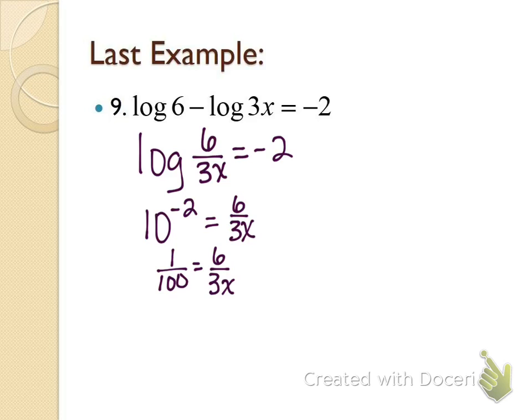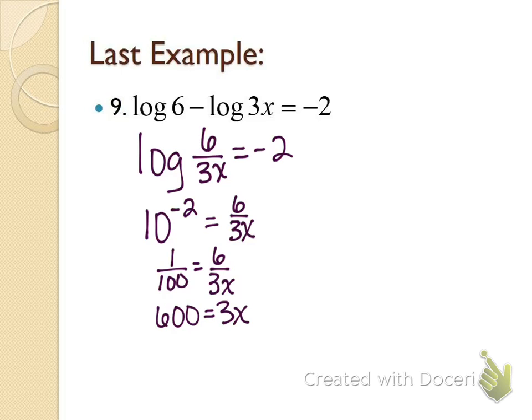Now, if you are having flashbacks to Algebra 1, or in some cases geometry, we've got a proportion set up. If we have two fractions set equal to each other, the best way for us to solve it is to cross multiply. 600 equals 3x.